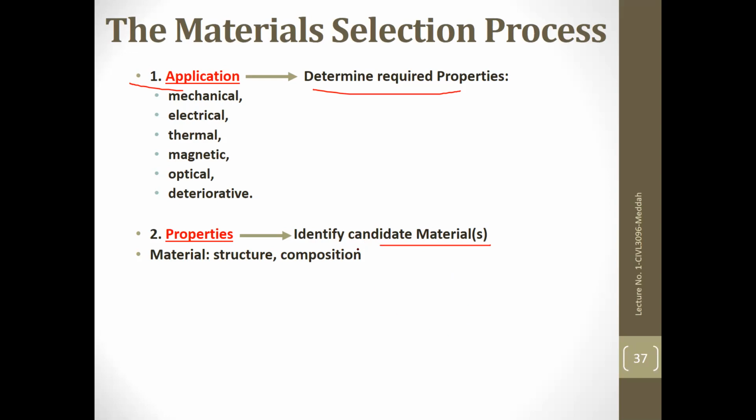And of course, the material will have a specific structure and a specific chemical composition, because these two parameters, the structure of materials and the chemical or mineralogical composition, are different from one material to another, you know.